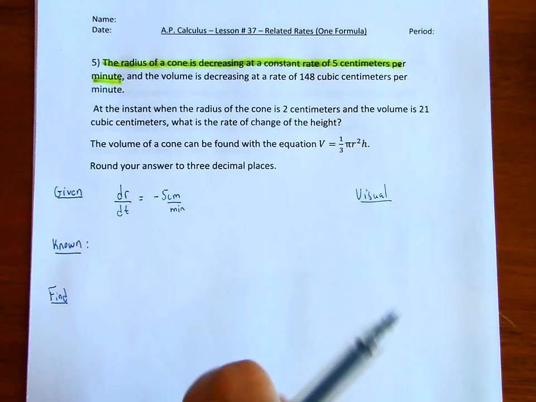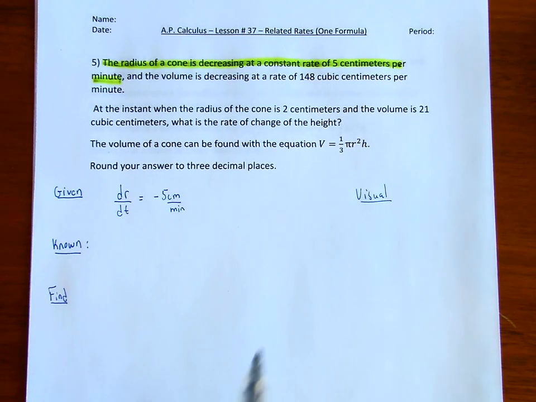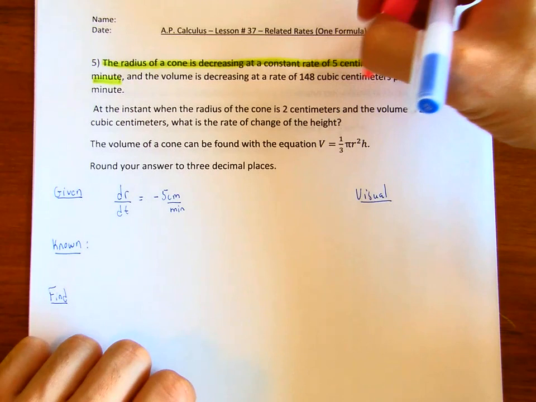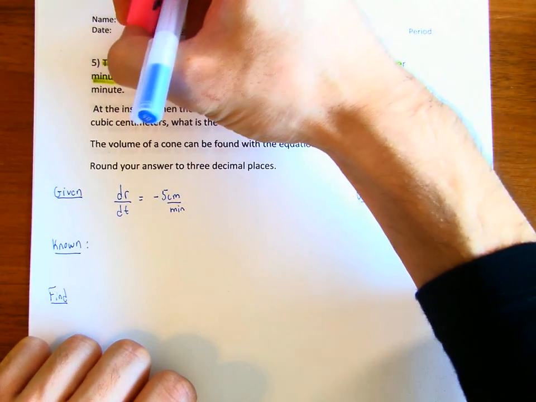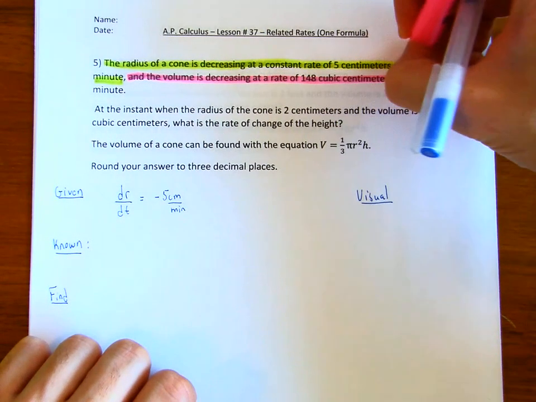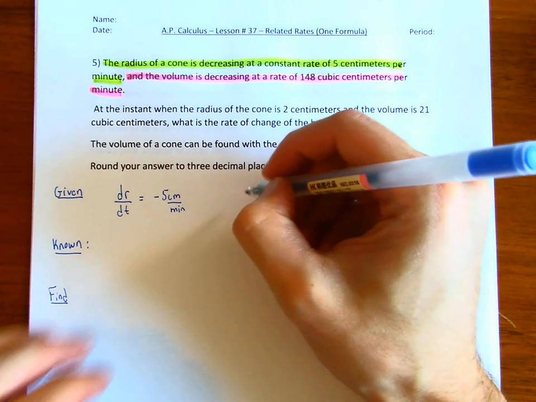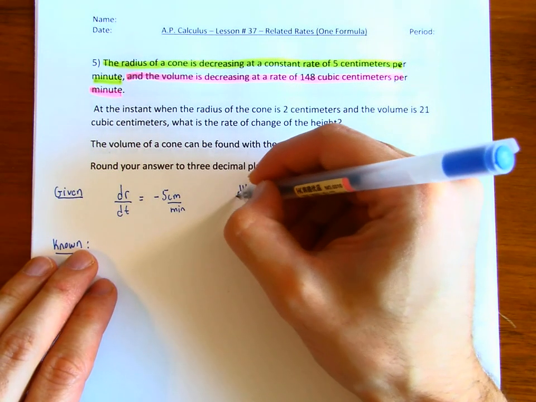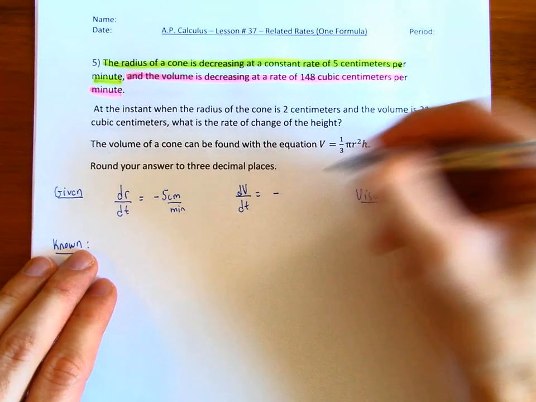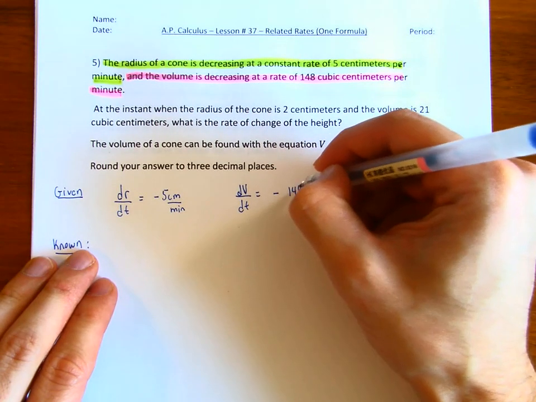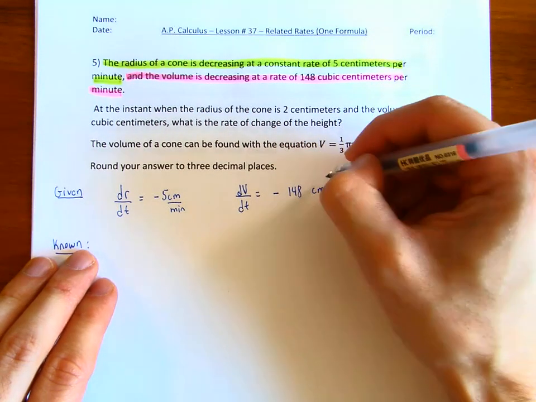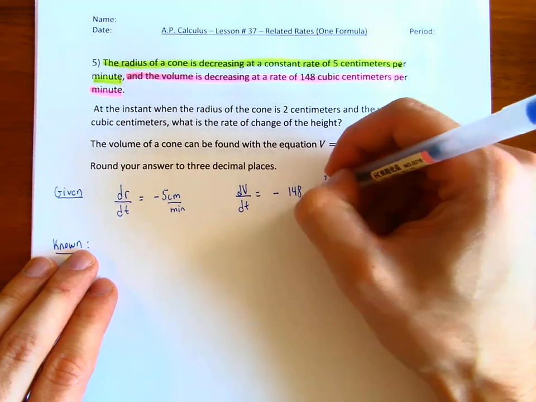And the volume is also decreasing at a rate of 148 cubic centimeters per minute. So here we could have, let's underline this in pink. And how do we translate that? dV/dt is negative 148 cubic centimeters per minute.